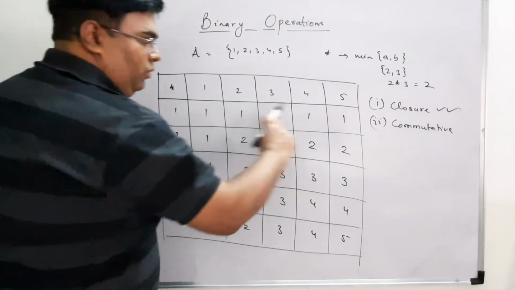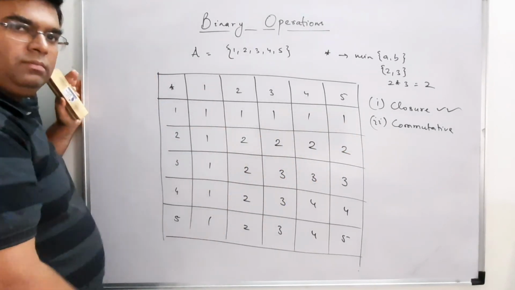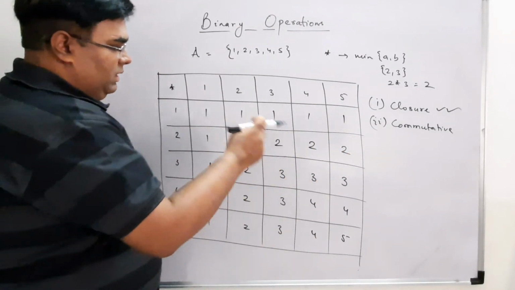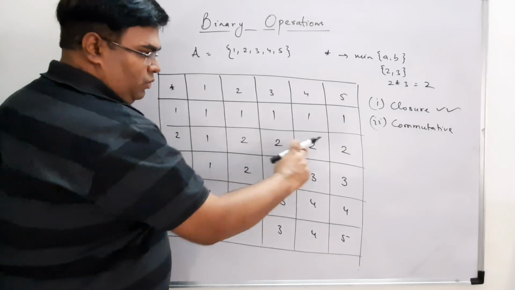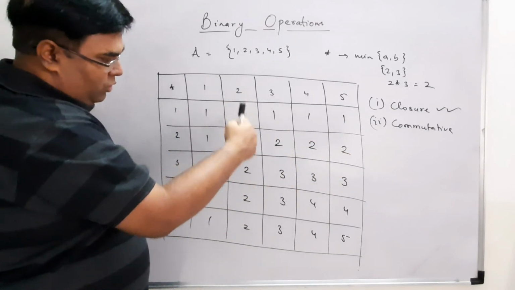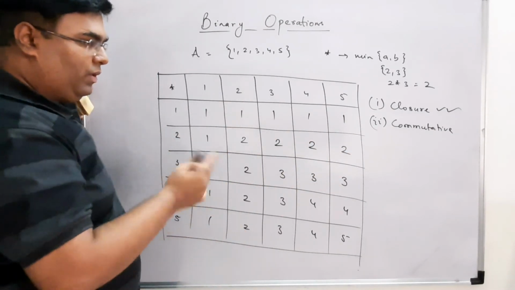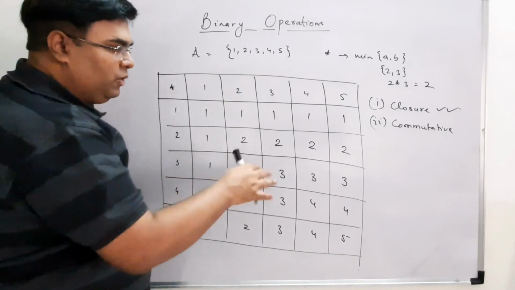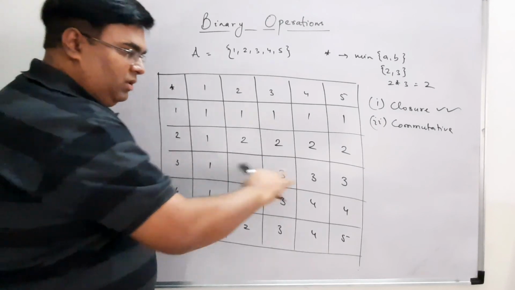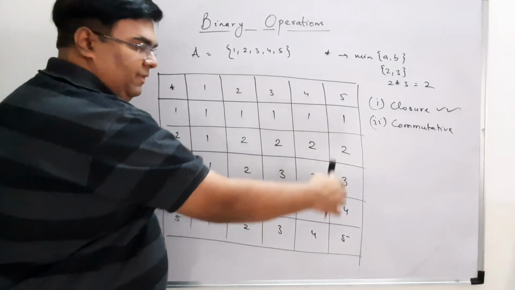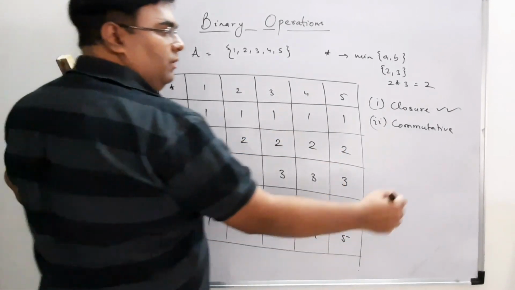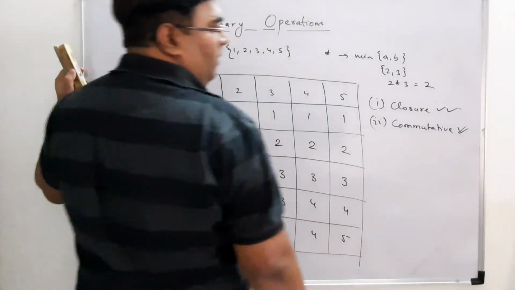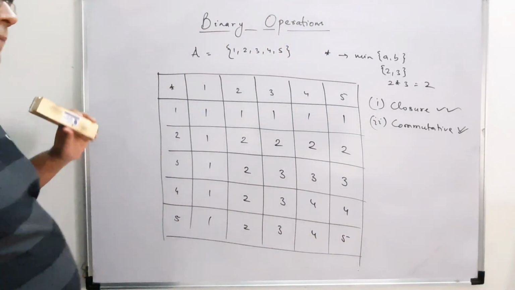This is my first row and first column, same. Second row, 1 2 2 2 2. Second column, 1 2 2 2. So the first row is equal to the first column, and the second row is equal to the second column. Similarly, you can find the third row will be equal to the third column, fourth will be fourth, fifth will be fifth.